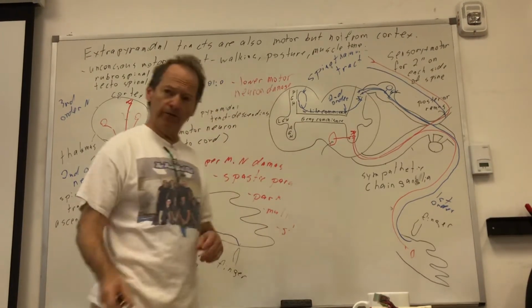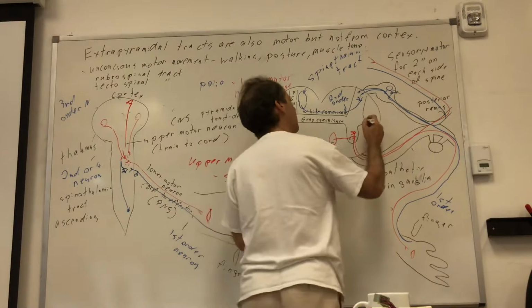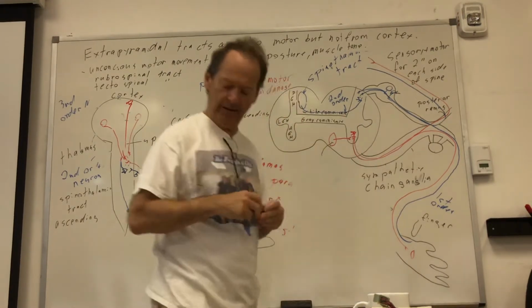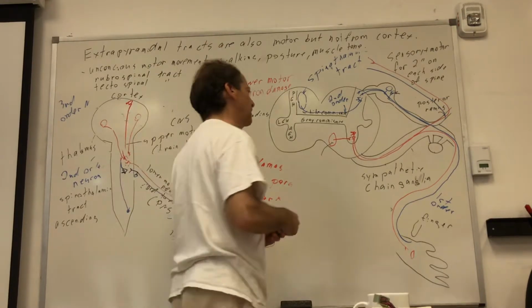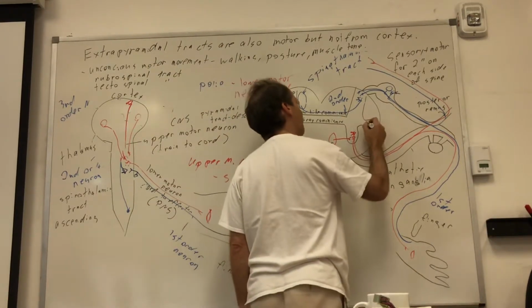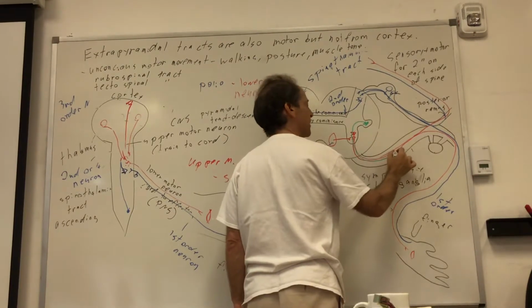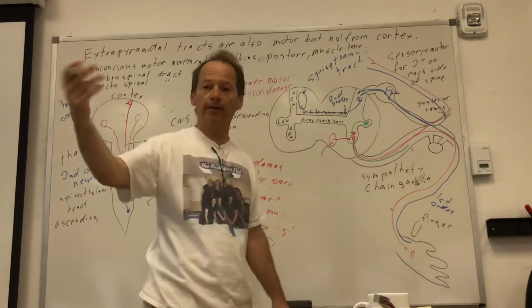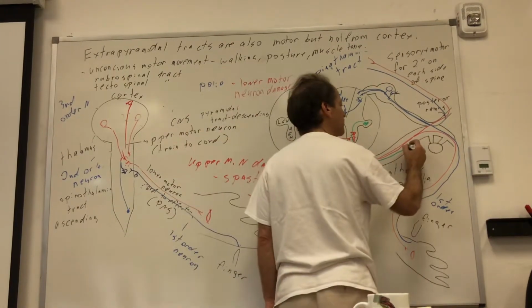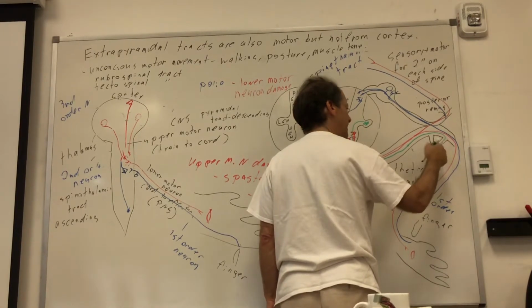So, what's really going to happen is your lateral gray horn is made out of the soma of your autonomic ganglia, and that goes out with all the other motor stuff, because remember, the autonomic nervous system is a motor system. It's a motor for the heart, the blood vessels, and stuff like that. And it goes through the spinal nerve, and it goes through this guy right here to get to here.